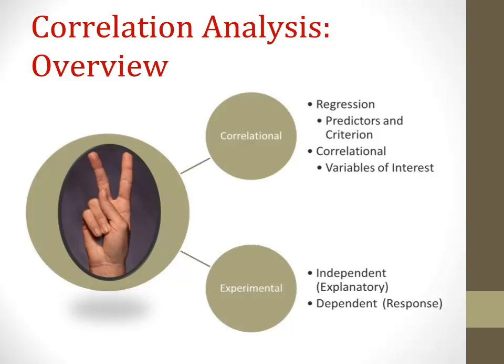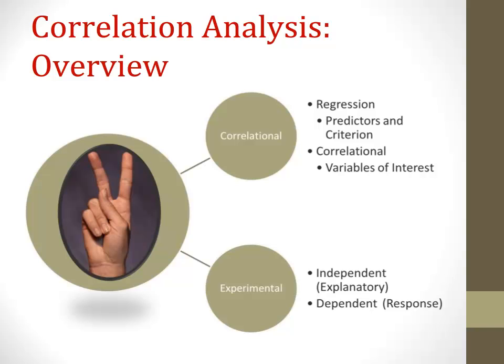However, oftentimes a researcher simply wants to know if a relationship between variables exists. They really don't want to categorize the variables as a response, an explanatory, or an independent and dependent variable.